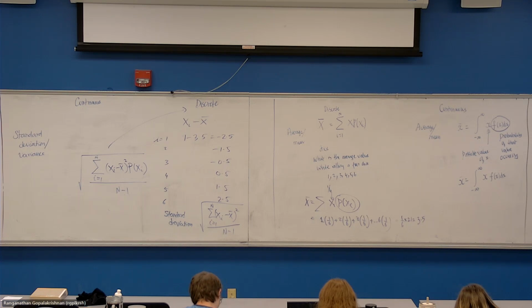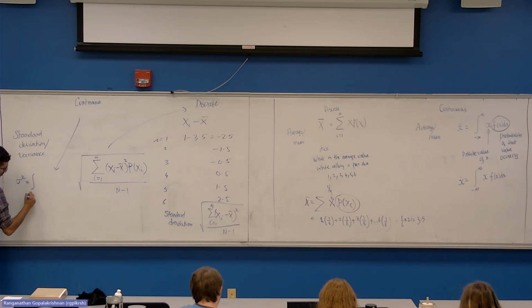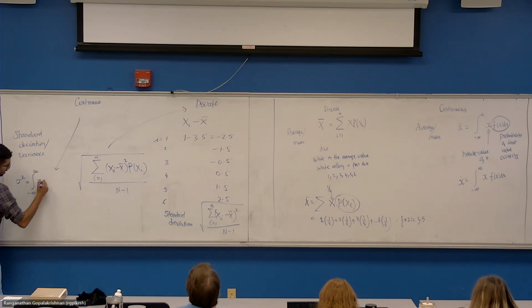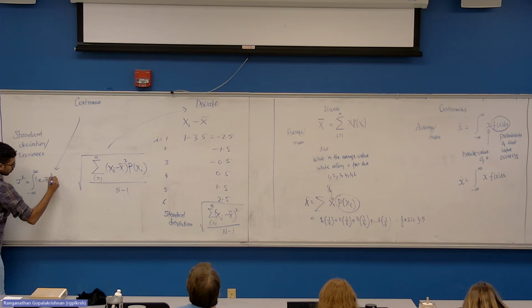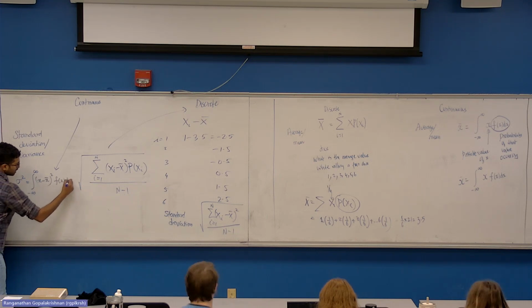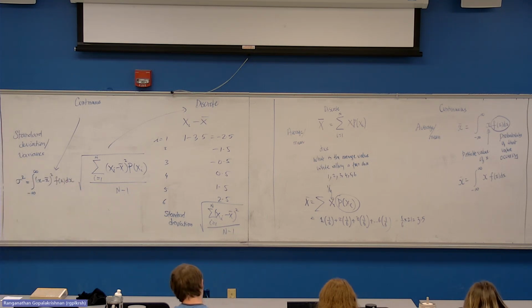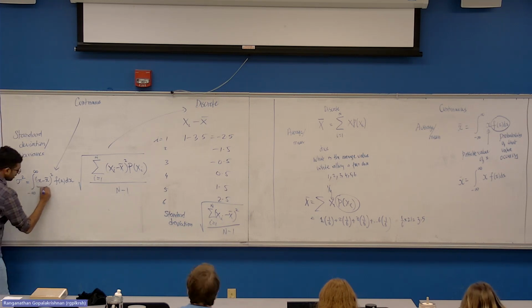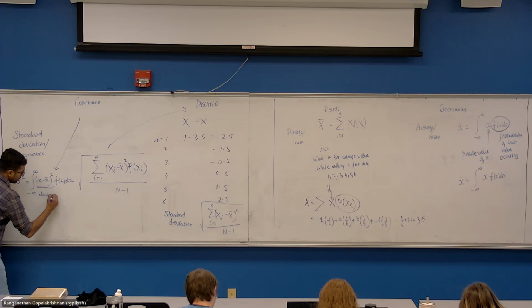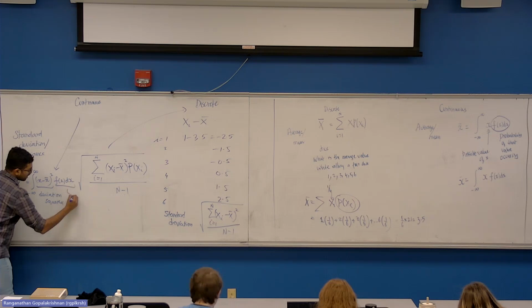Okay, so for continuous random variables, we have the variance sigma squared equals the integral from minus infinity to infinity of x minus x bar squared times f of x dx. Same idea. This is the deviation squared, and this is the probability of that happening.